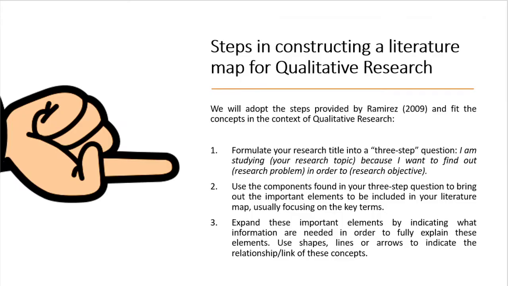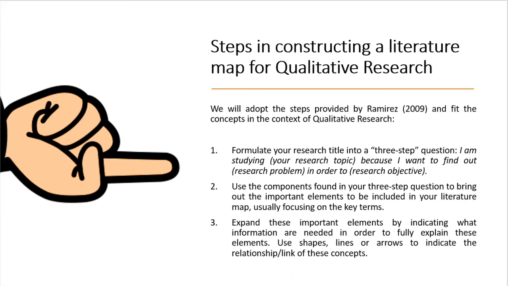So let's start. The steps in constructing a literature map is a 3-step process. Okay? It is going to follow 3 important steps, and it begins with the formulation of the research title into a 3-step question.